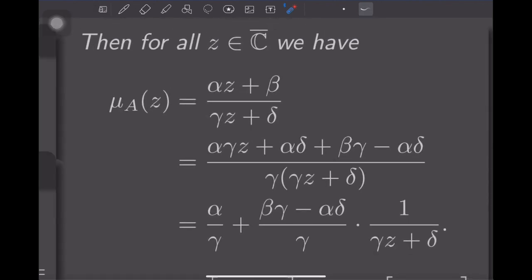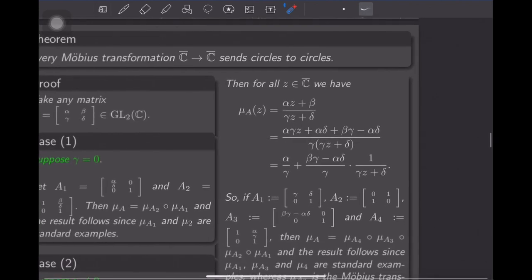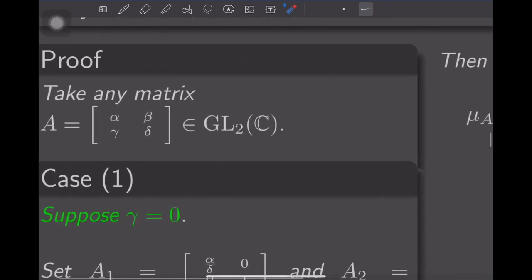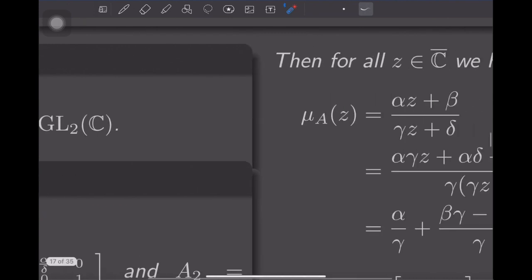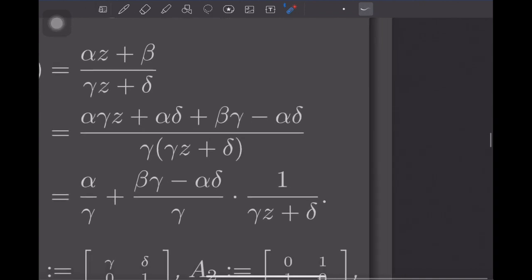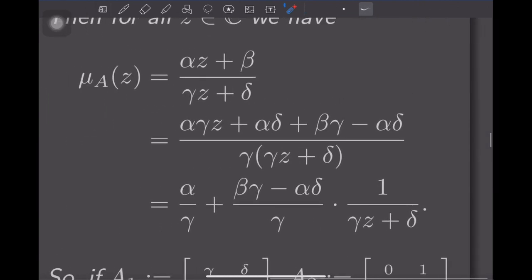Let me try to explain it better. You see, the determinant is alpha delta minus gamma beta. So one tries to force the determinant to appear. So one says, here I have beta, so I'm going to multiply with gamma.